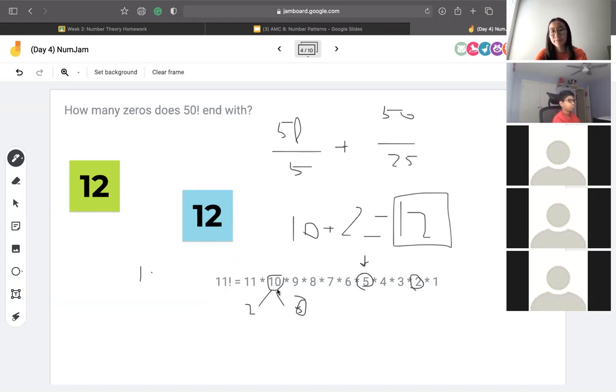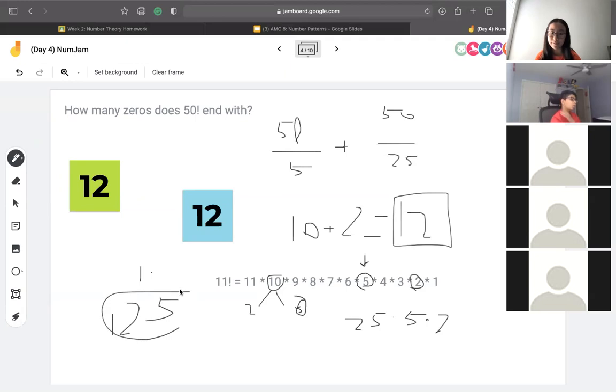So if we count the number of 5s, we're going to get the number of zeros. And for 25, we also have to count it 2 times because there are 2 5s in that. So we count 25 and 5, and we also have to count 125, like all powers of 5.